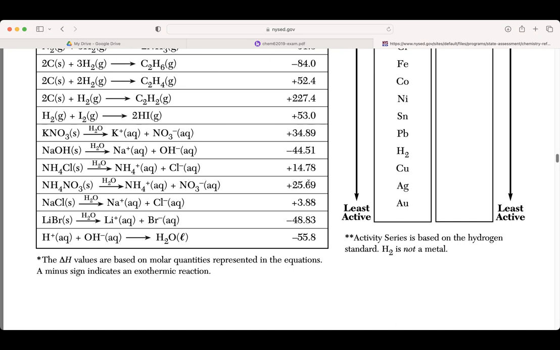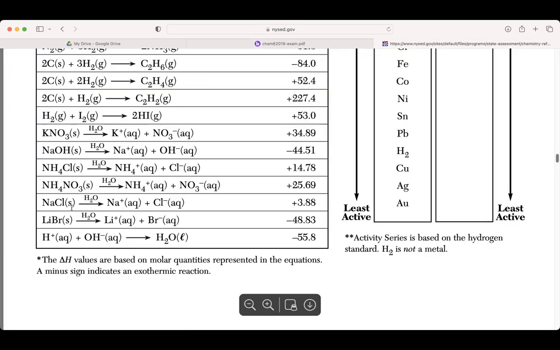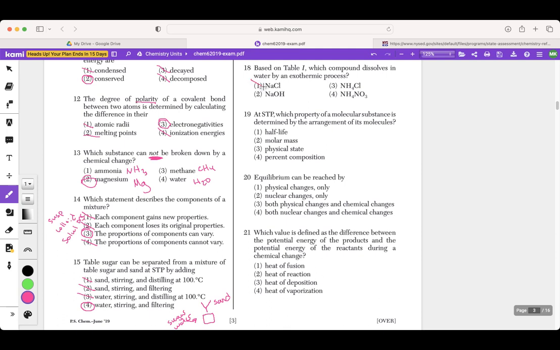That means I'm releasing energy. If I forgot that fact, take a look at the bottom. Read these footnotes. It says a minus sign indicates an exothermic reaction. So we need to figure out which one of these has a negative delta H. So let's try and find NaCl. NaCl has a positive 3.88, so that cannot be the choice.